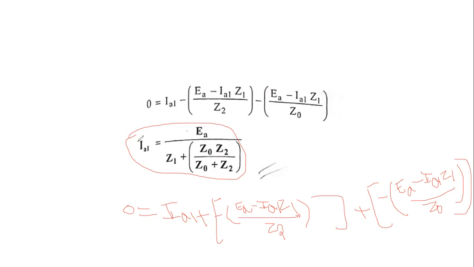This is the formula obtained when a double line to ground fault occurs. Therefore, this is the fault current formula.